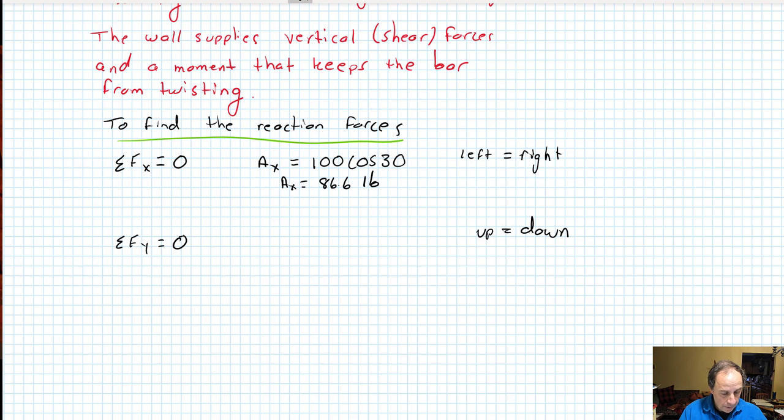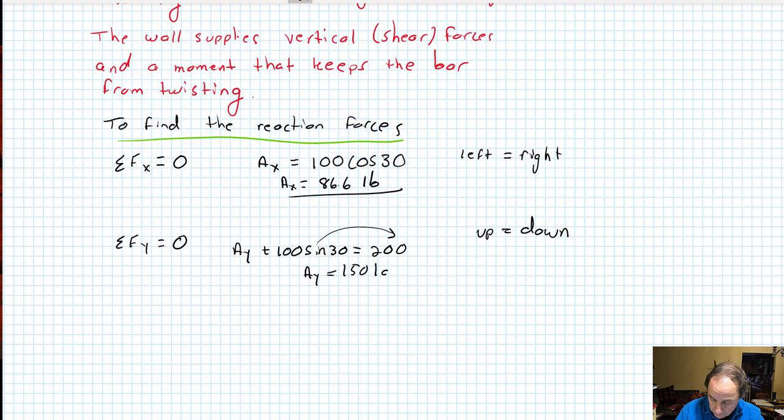So up, we have AY plus 100 sine 30 equals 200. And again, we just have one variable here. So we just move our constants over here and add them up, and we get AY equals 150 pounds.